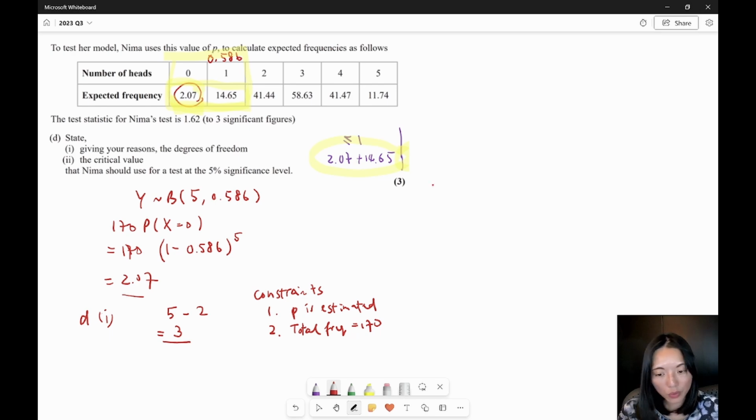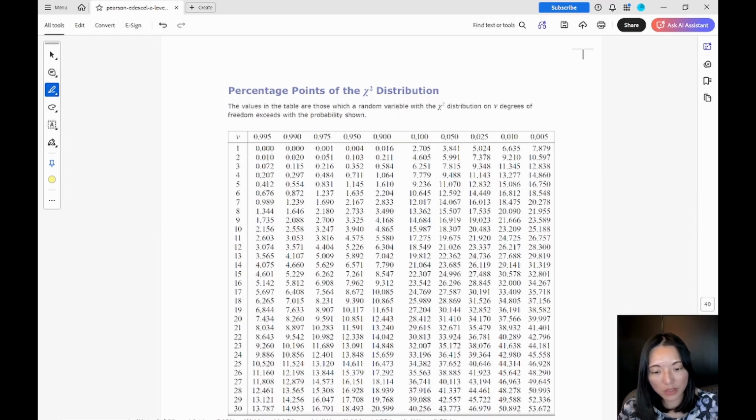Part 2, the critical value. So let's take a look. We're looking at chi-squared with 3 degrees of freedom, 5% significance level. Let's take a look at the tables. So this is a table showing the chi-squared distribution.